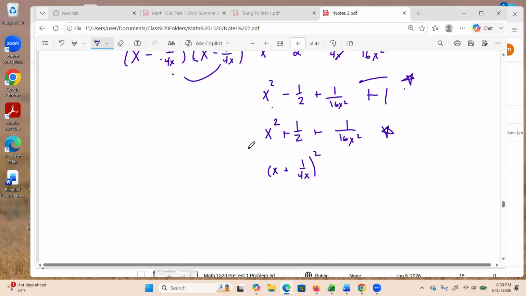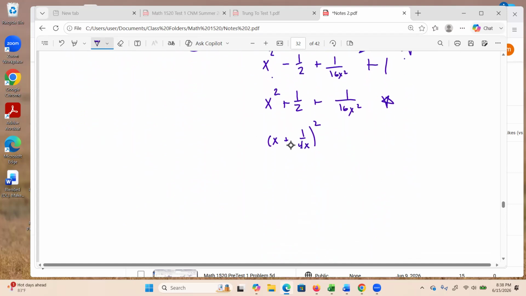We have to put this thing in a square root. I'm going to use my favorite math phrase of all time: the verification of this is left as an exercise to the viewer. You can square this thing out to make sure that it actually works out. It does. But then we need the square root of x plus 1 over 4x, squared.